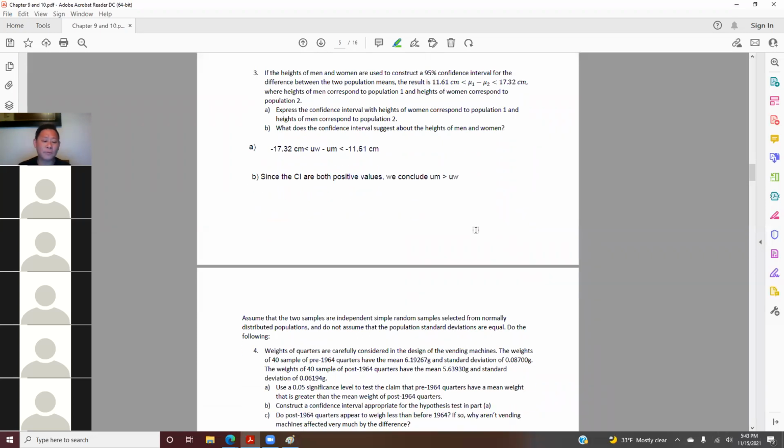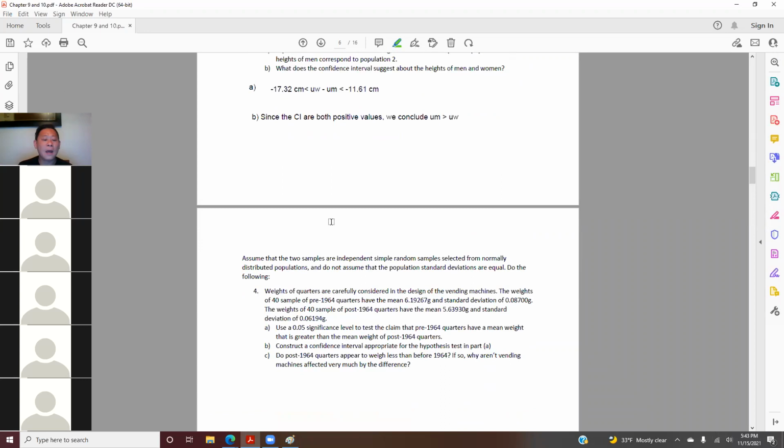Next, question 4. Now we're going to do a bit more. If you see this on my test, I say assume that the 2 samples are independent, are normally distributed, and the population standard deviations are equal. This means that you do not need to check your requirements.